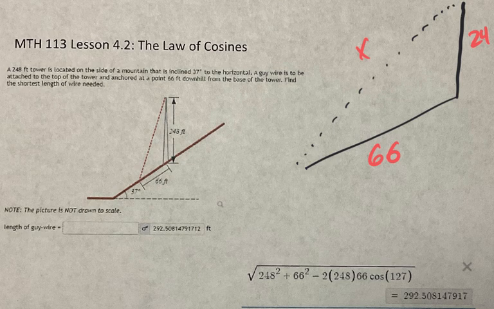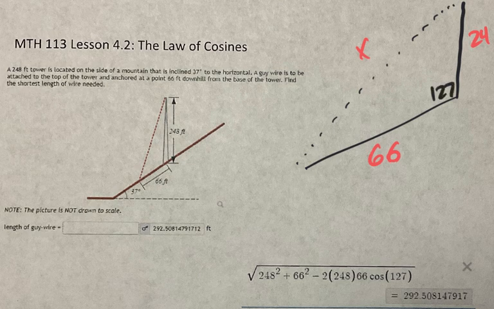Does anyone remember the shortcut? It's something to do with 37. 90 plus 37, which is 127, is that angle.